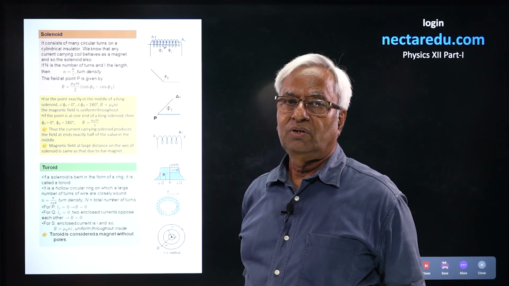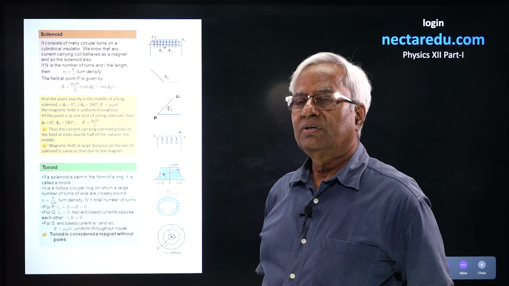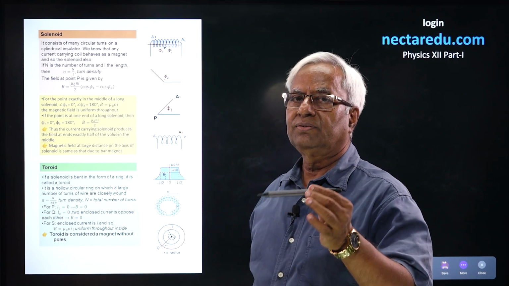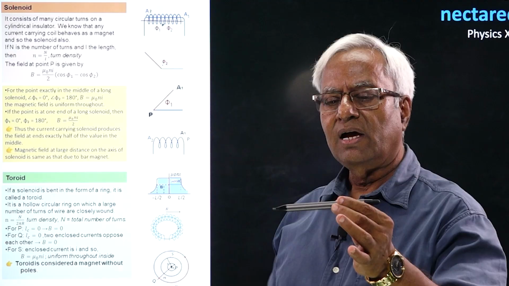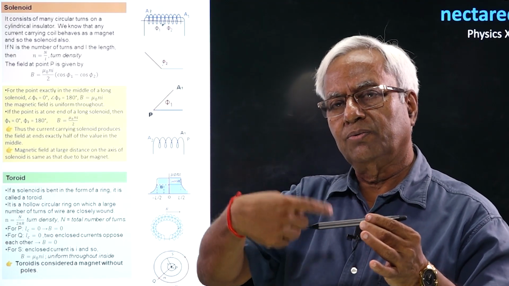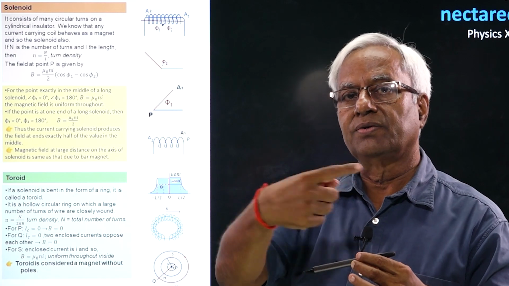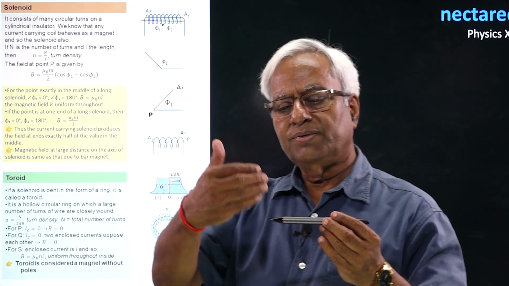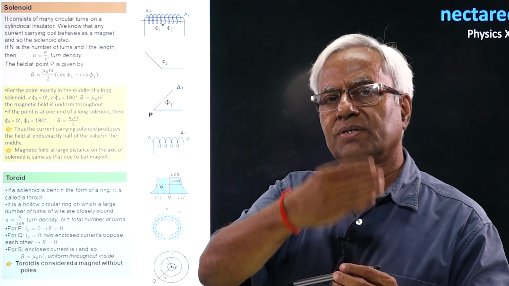Solenoid. Solenoid means you take an insulated cylinder, a cylindrical insulator, and you just go on circulating the wire over it. It's like a coil having many turns.